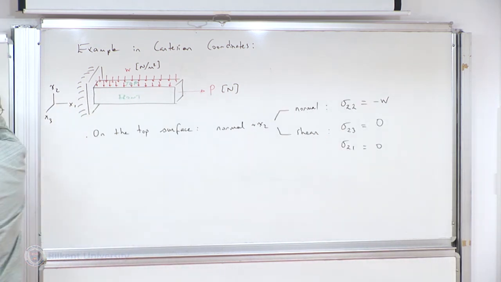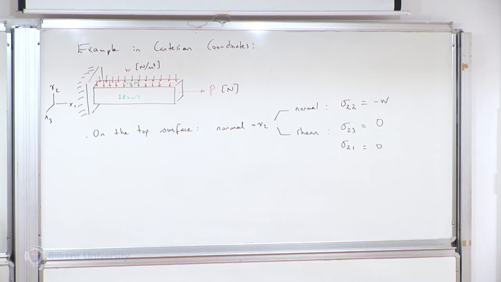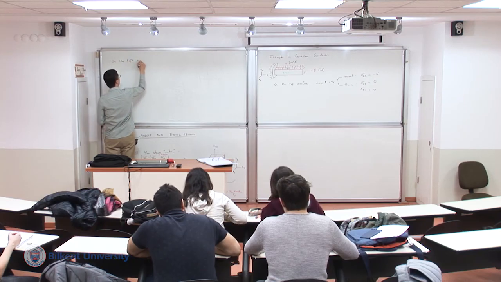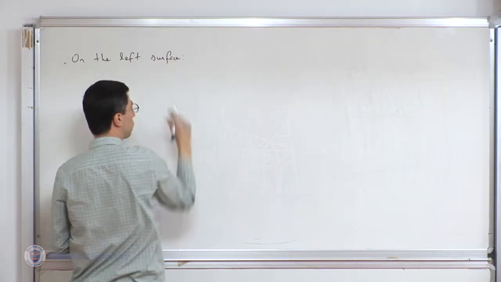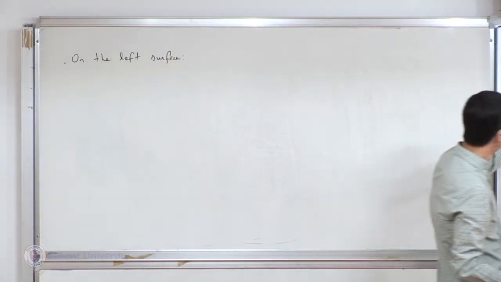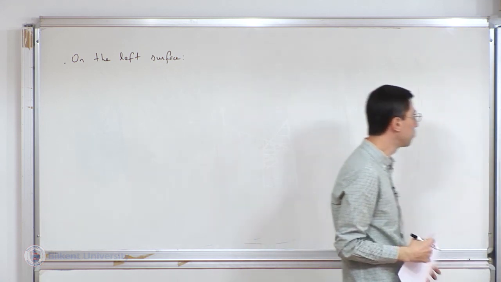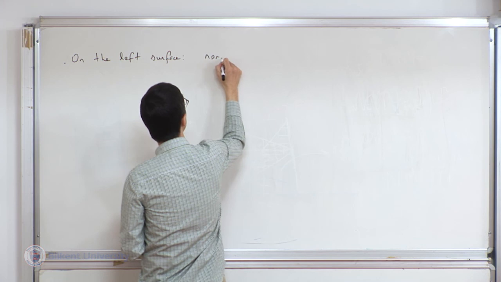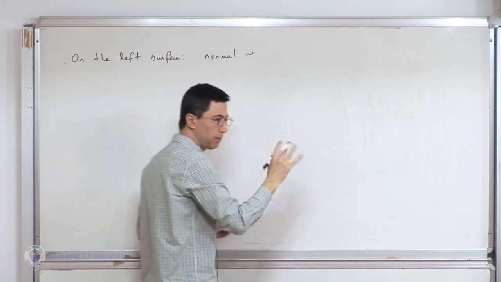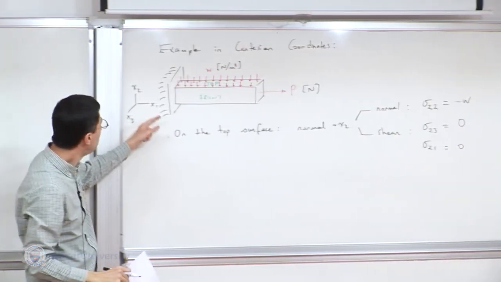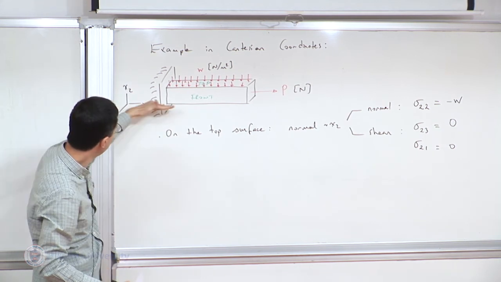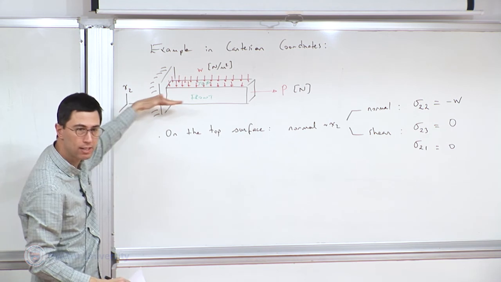Okay, so now let's proceed with the left surface. The left surface is where the beam is attached to the support. There I don't directly care about the direction of the normal. I only care about the fact that it's along x1.